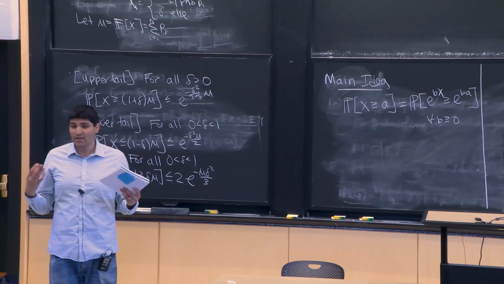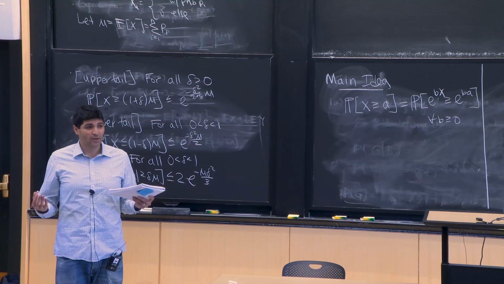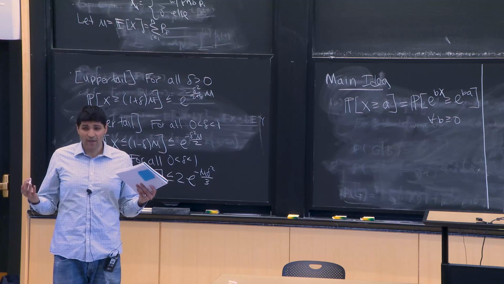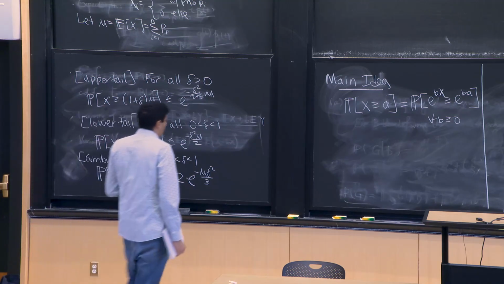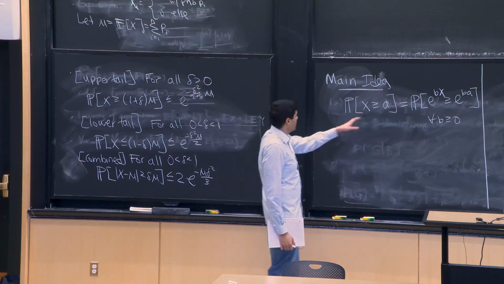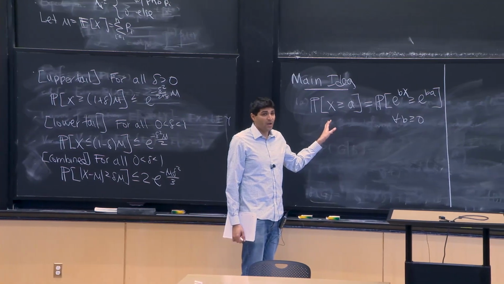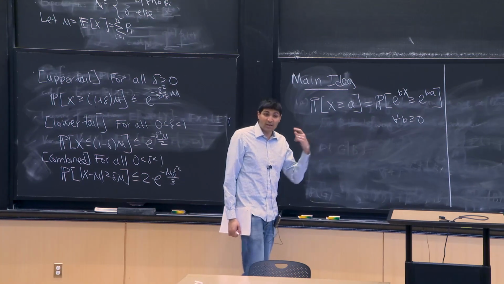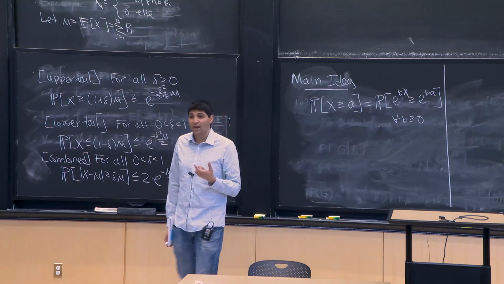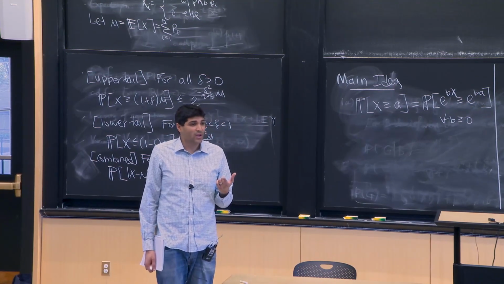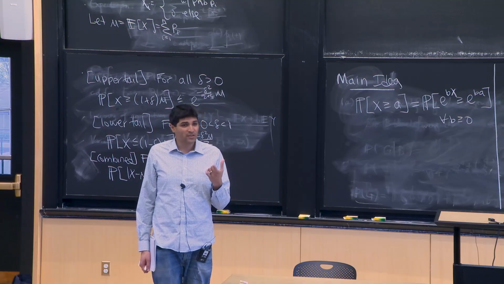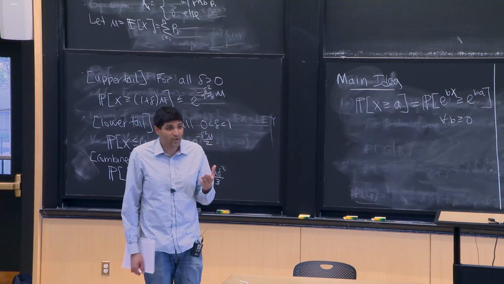So remember when we had the proof of the Chebyshev bound, Chebyshev doesn't assume any kind of non-negativity about the random variable. And I had this trick where when I wanted to look at the probability that x is too large, I squared both sides and then I defined a new random variable y. And I said that that random variable y is non-negative. And I just said those two probabilities are the same because they're literally the same event.